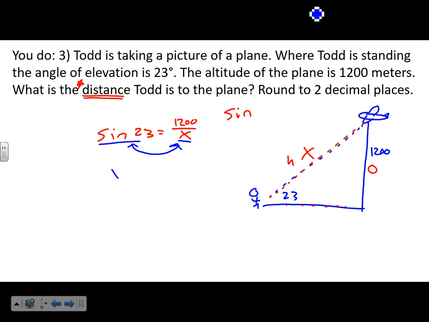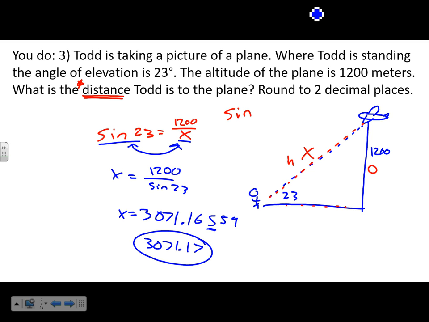So we have x is equal to 1200 over sine 23. x is 3,071.16559. Round to 2 decimal places would be 3,071.17. That 5 changes that 6 to a 7.